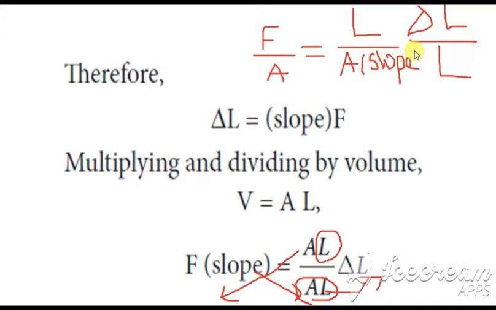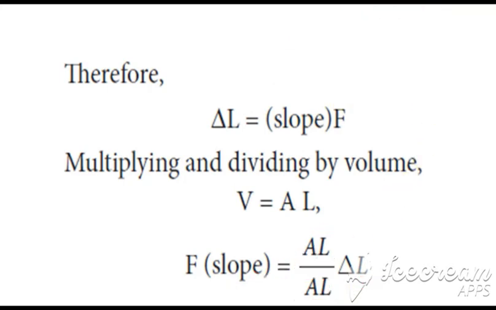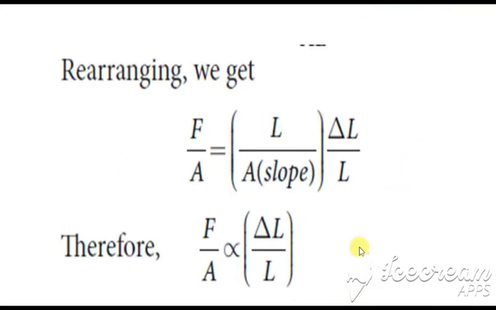So L divided by A into slope is a constant term, so we write F divided by A is proportional to del L divided by L. And so we write F divided by A, which is equal to L divided by A into slope.